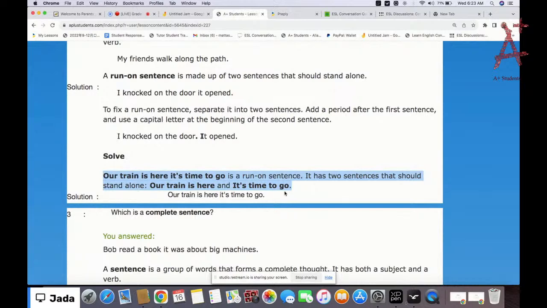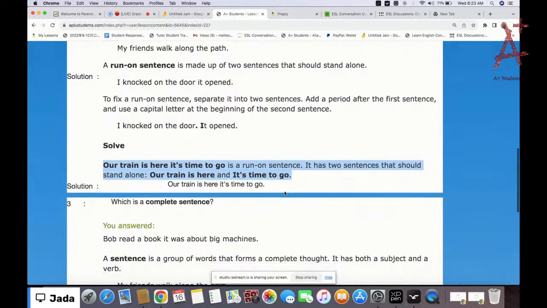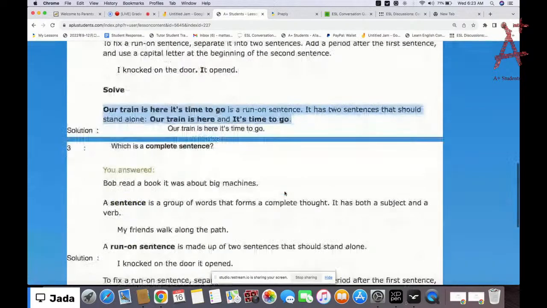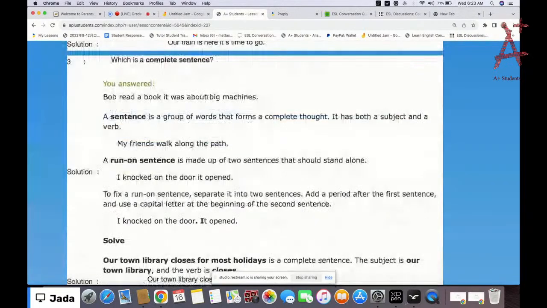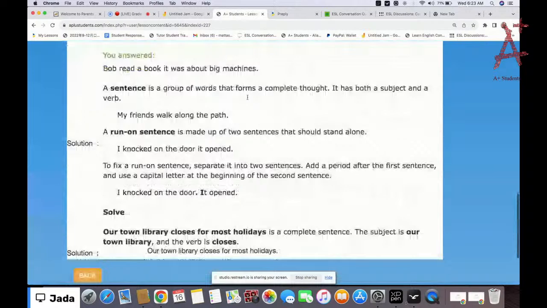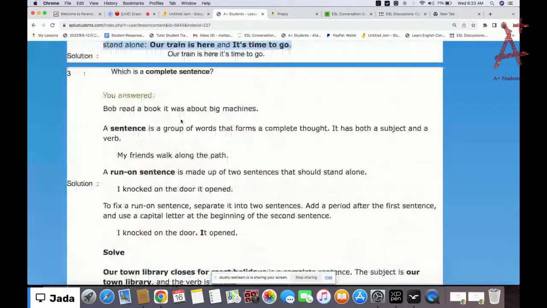All right, so let's try some more. Bob read a book, it was about big machines. Now, this is a run-on sentence. It's not a complete sentence because it has two sentences joined together. First is going to be Bob read a book, with a period.